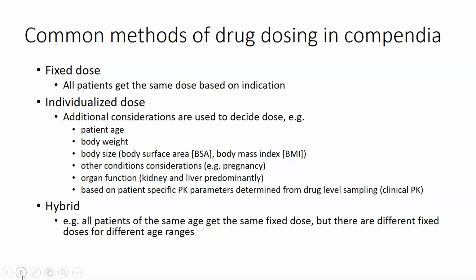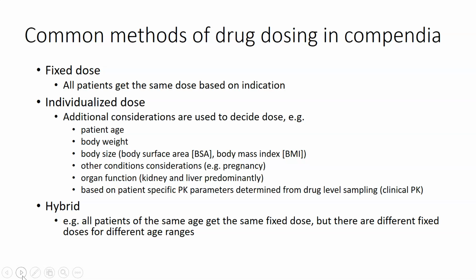Most commonly, though, it would be the actual body weight, except for certain medications that have certain properties where we would dose them differently. Body size, this could be body surface area, body mass index, and you will learn how to do these calculations as well.